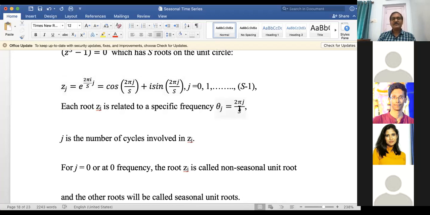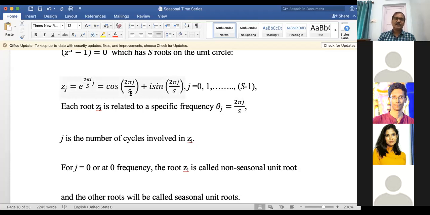Theta j will be 0 here. If you set j equal to 0, twice pi j by s will be equal to 0, that is, theta j equal to 0. So if theta equal to 0, what will be the value of z? At j equal to 0, the root z0 equals cos 0 plus i sin 0, because at j equal to 0, theta j equals 0 by this expression.